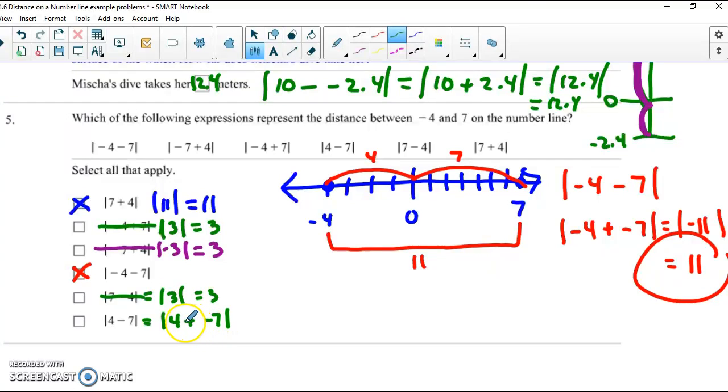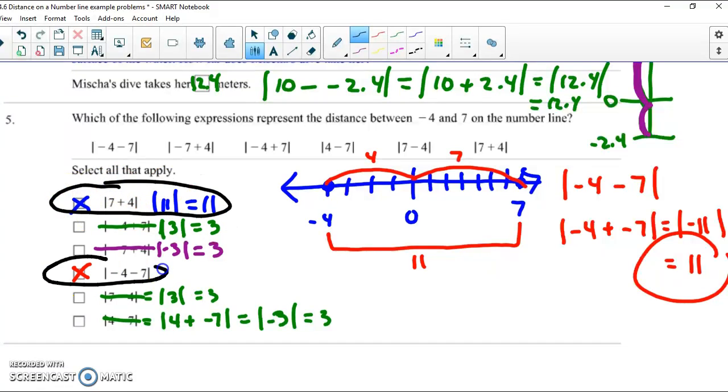So now I'm adding two numbers with different signs, so I'm going to find the difference. I'm actually going to subtract. 7 minus 4 is 3. My larger number is negative, so my answer is negative, and the absolute value of -3 is 3. So another expression that is not equivalent to 11. So we only found two that actually did represent the distance between -4 and 7.